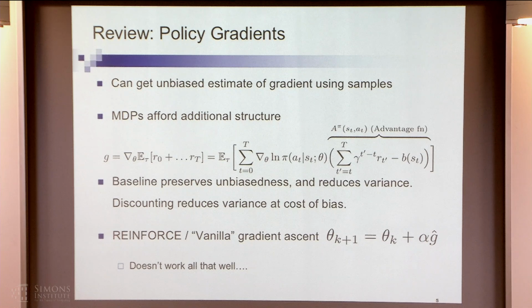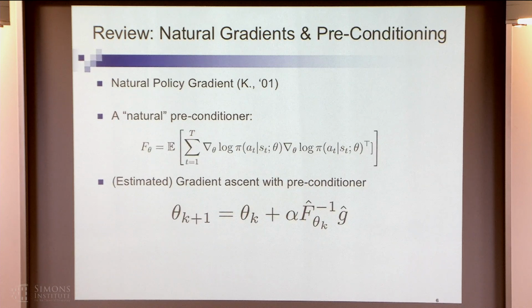The thing that people tend to do when they're using these policy gradient methods is they use a certain preconditioner. Anytime you have some optimization function, if you have some structure in it, preconditioning can often help.